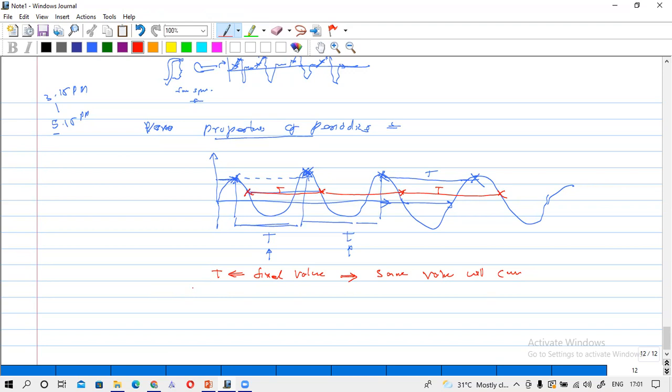This time we call the period of the signal. You have to remember this: what is this capital T? We call it the period of the signal. That means after that period, the signal repeats and we will get the same value.